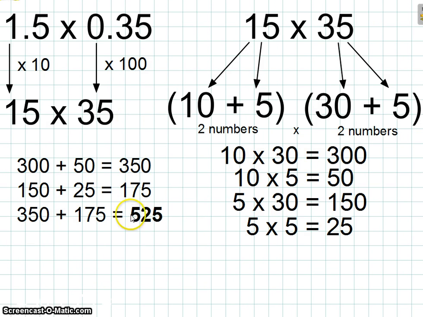So we could use this number here, 525, and if we divide it by 1,000, that will give us the product of the original math problem, which was 1.5 times 0.35. So let's try that.